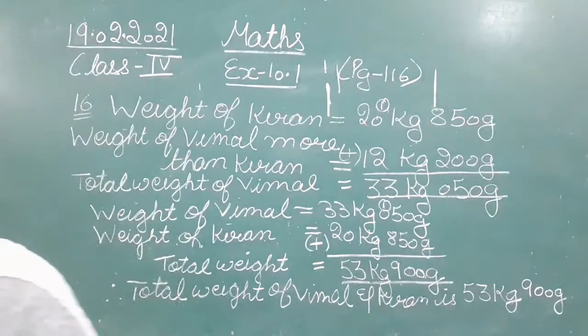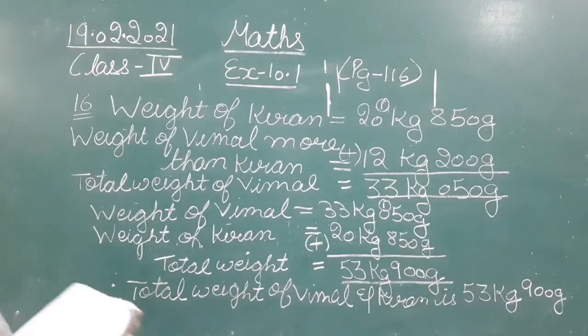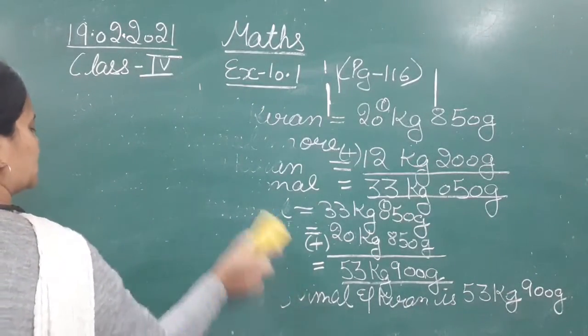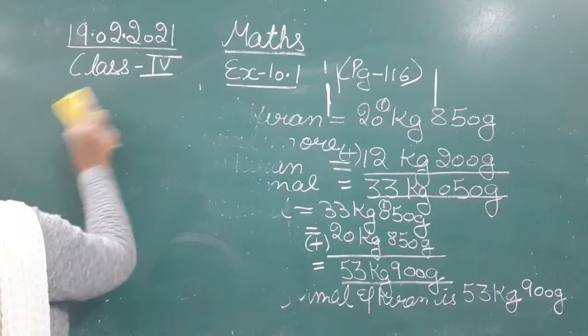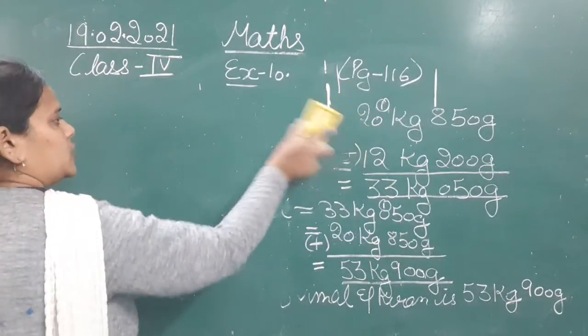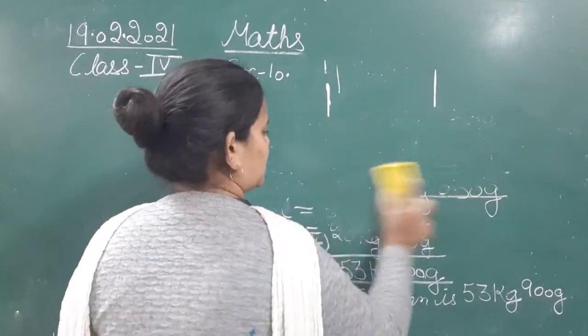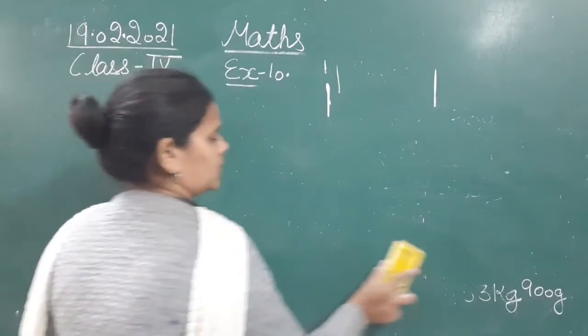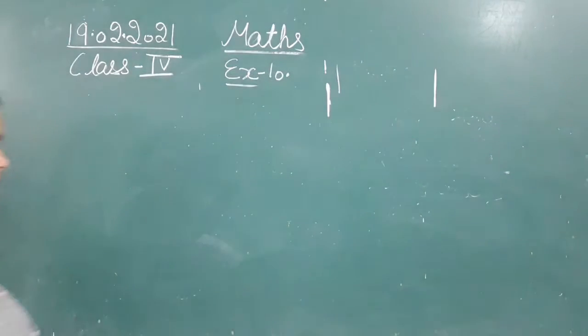Okay, chaliye, so let's move to the next exercise, 10.2. Firstly we will do just one or two sums of multiplication and division. हम एक या दो ही सम करेंगे बेटा, डिवीजन और मल्टीप्लिकेशन के.